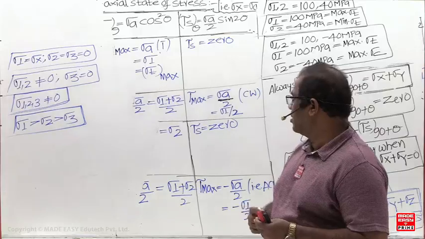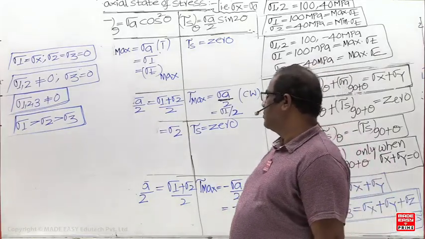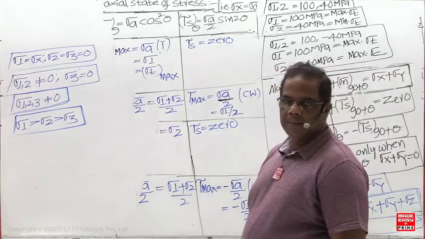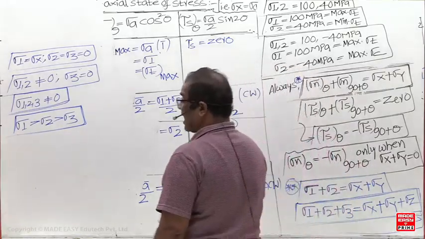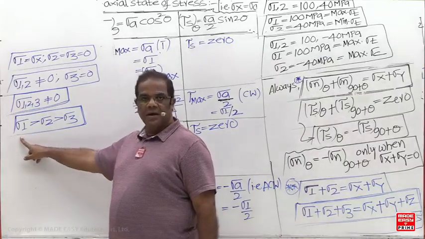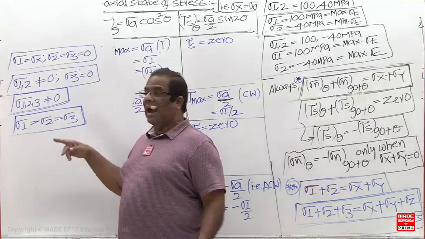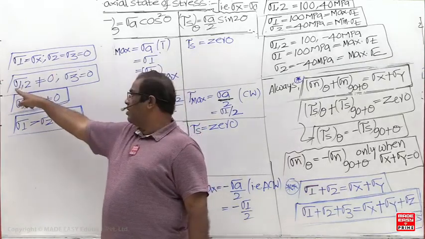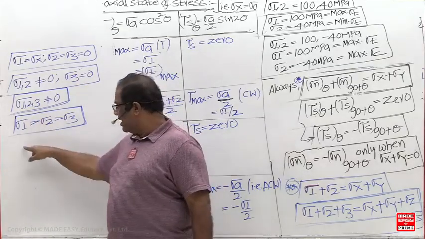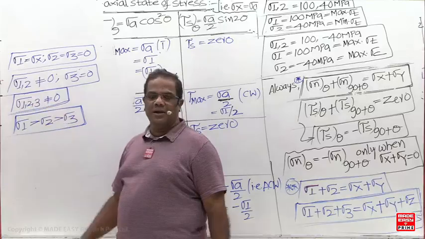In the triaxial case, this will be called what now? Major. And this is what now? Minor, you are going to call it. This is the intermediate. In the biaxial case, you are getting only two values, one major and one minor. But if you go for triaxial, this will be the major, this is the minor, and this is the intermediate.